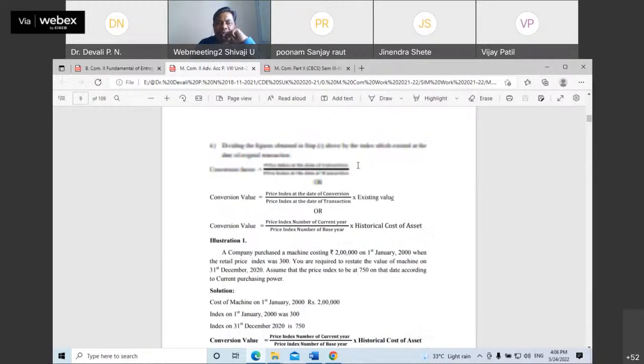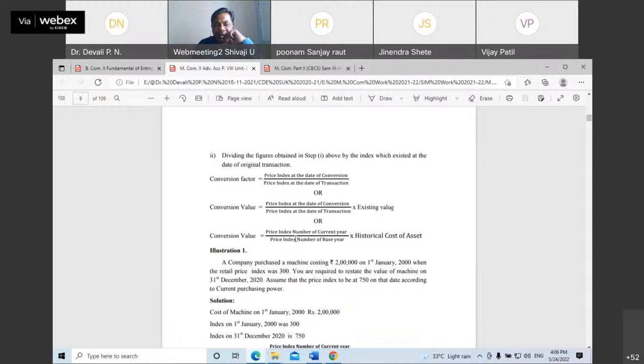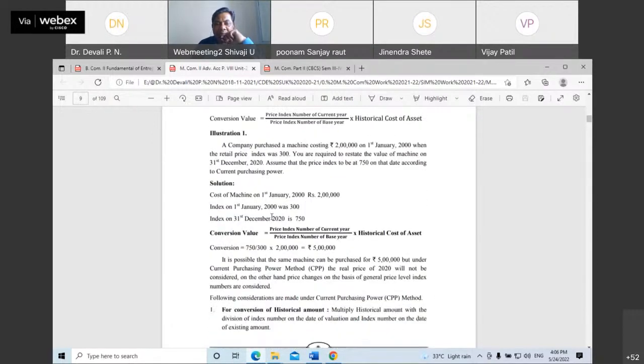Now see the formula here. Price index at the date of conversion, price index at the date of transaction, that is, price index number of current year and price index number of base year. So what is the base year here? Base year is 1st January 2000, and the price index is 300.